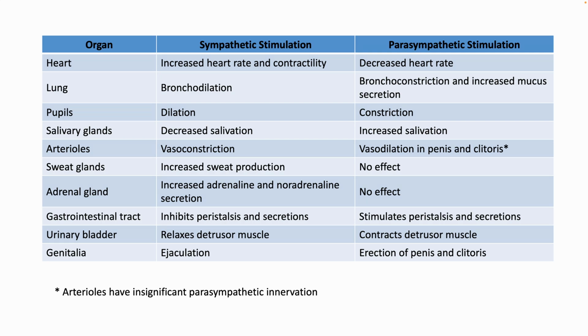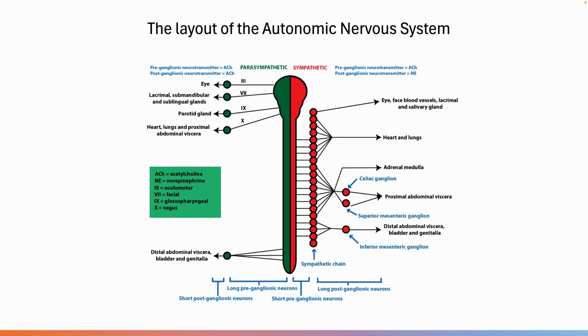On the bladder, the sympathetic nervous system promotes relaxation, while the parasympathetic contracts the bladder. On the male genitalia, the sympathetic nervous system promotes ejaculation, while the parasympathetic nervous system promotes erection.